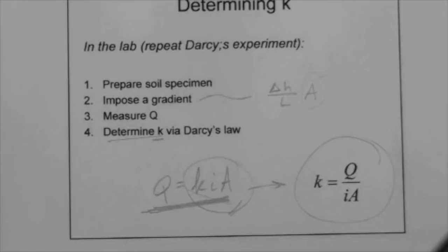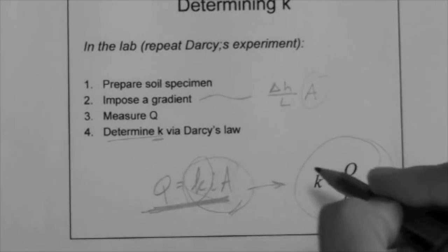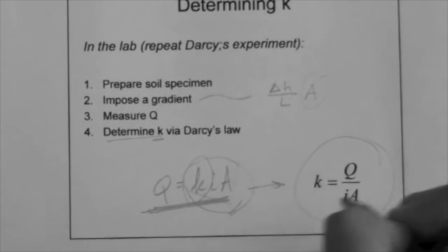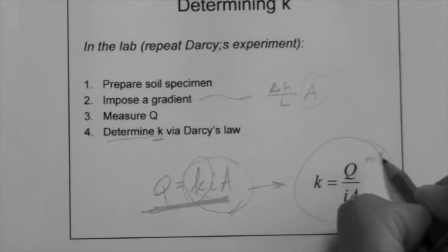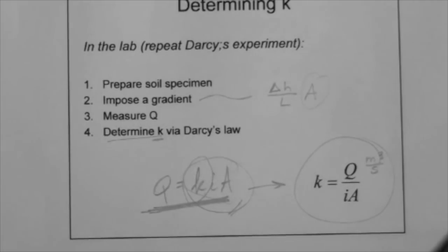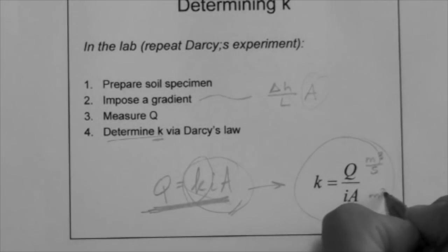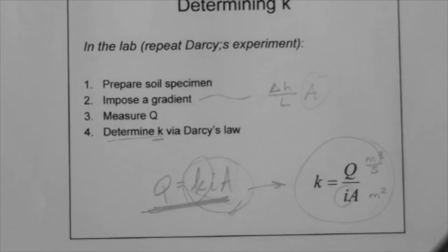Now, if you go back to the previous slide, you'll realize that K is in units of velocity. Let's actually do it right here. Look, here. This is meters cubed per second, or centimeters cubed per second, whatever you want. This is meters squared times I. I has no units, because I is equal to meters over meters.